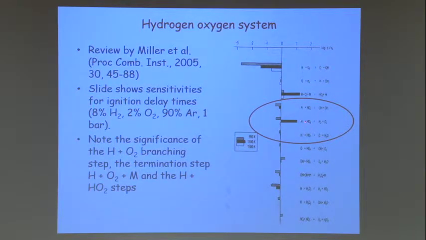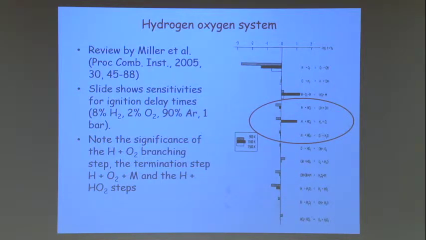This is H plus HO2 producing H2 plus O2, so removing a chain center, producing stable molecules. So that's a positive sensitivity, extends the ignition delay time. And then this third reaction, again, converts OH into O, and that's got a small negative sensitivity. So these are key reactions as well as these others.